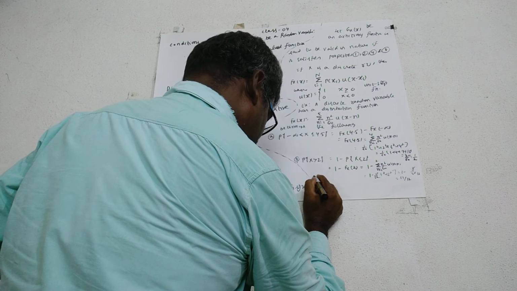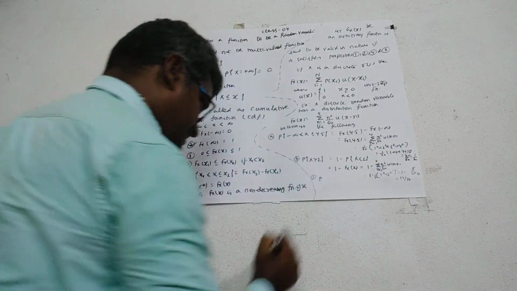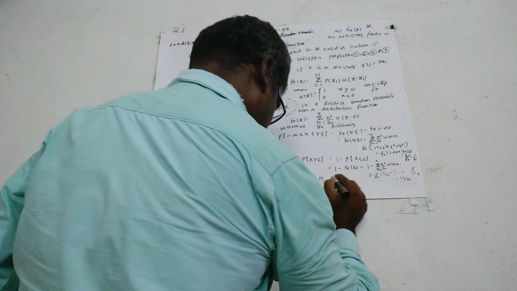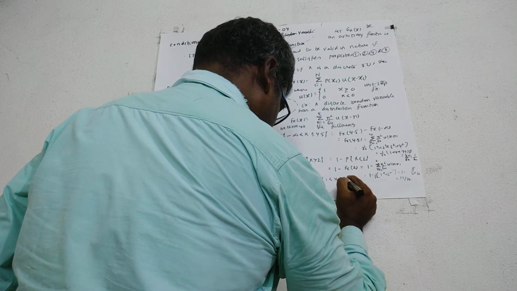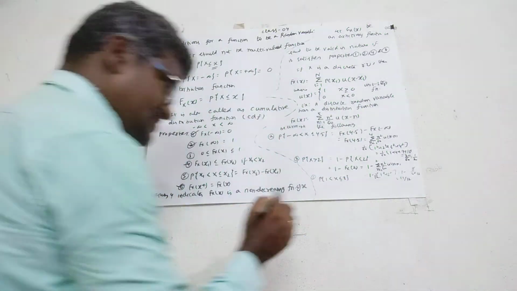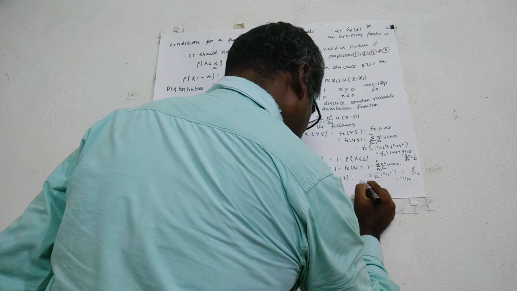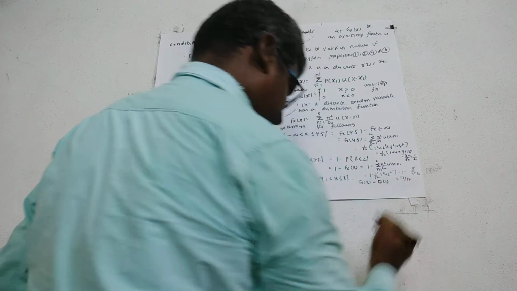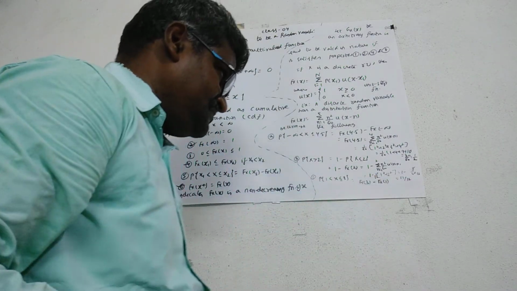Okay. Next step, we want to evaluate the probability of 1 less than x less than or equal to 3. Again we need to apply the fifth property. Hence we get F_X of 3 minus F_X of 1.